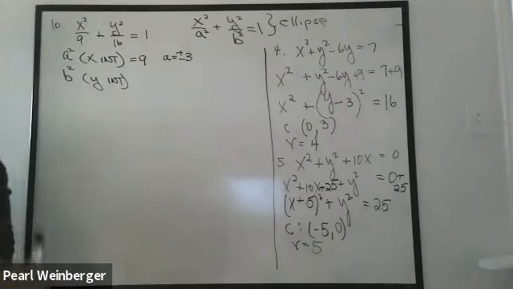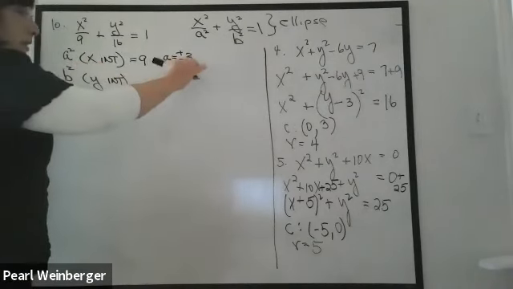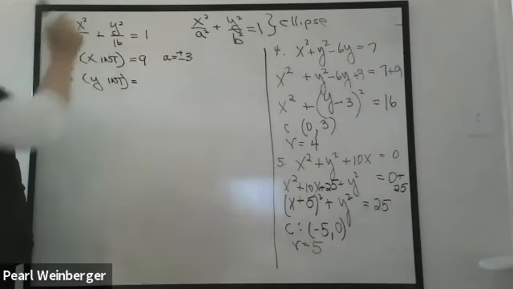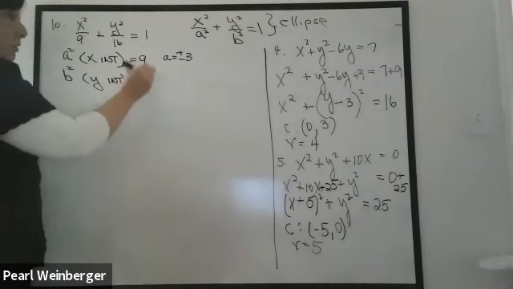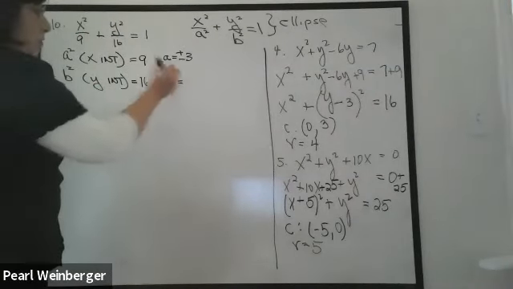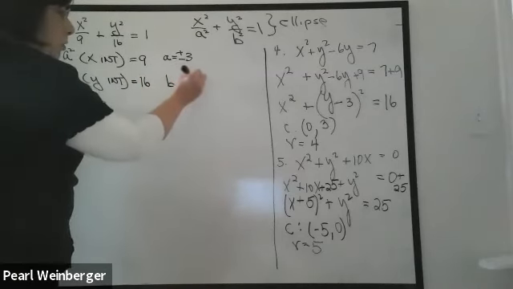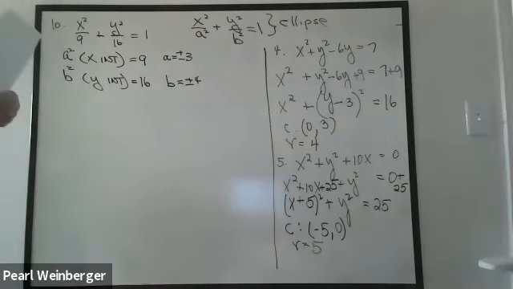My x-intercepts are either plus or minus 3. The b squared, the number under the y squared, is 16, which means the b is the square root of this number. It could be either positive 4 or negative 4. So my y-intercepts are positive and negative 4.